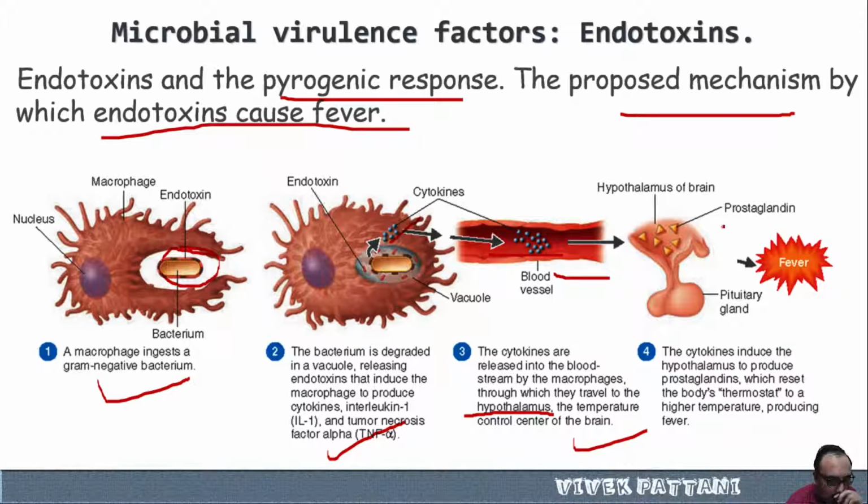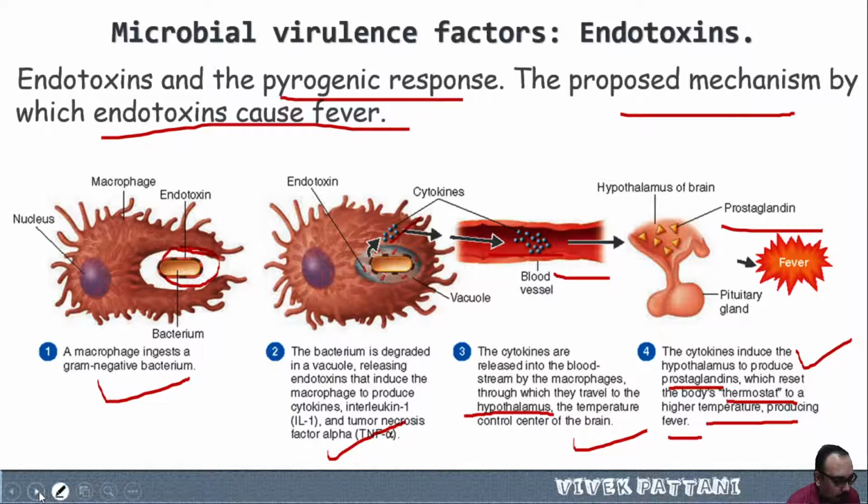These cytokines induce the hypothalamus to produce prostaglandins, which reset the body's thermostat to a higher temperature, producing the fever.